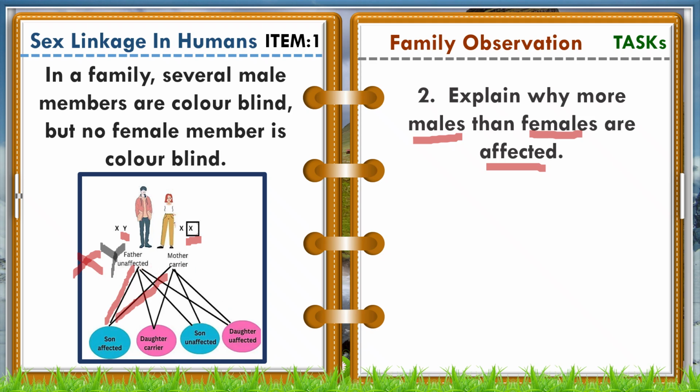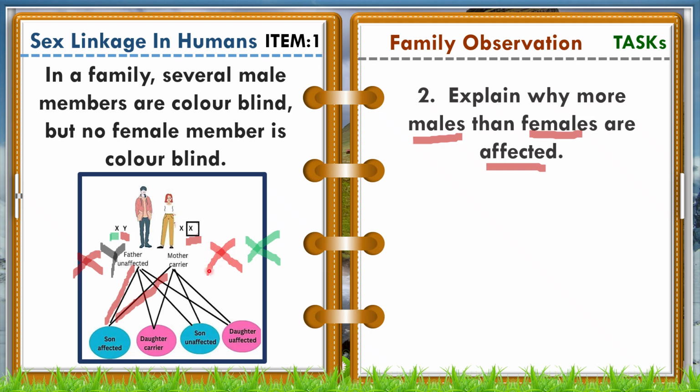If the girl gets this affected X from the mother, and the girl gets a normal X from the father, now, because of the presence of a normal X, the normal X will suppress the color blindness gene on this X chromosome.